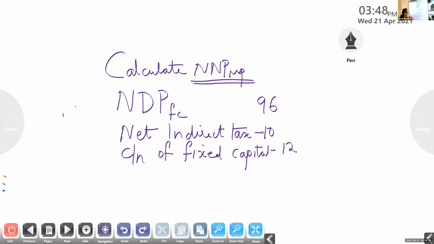Then NFIA is minus 1. Now in this, calculate NNP-MP. You think what is the formula for this? What is given?